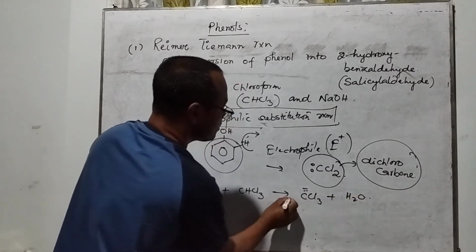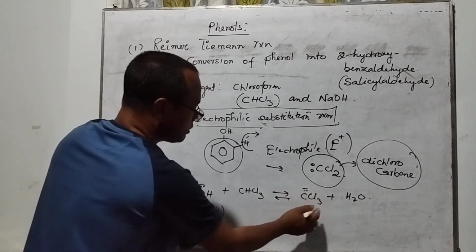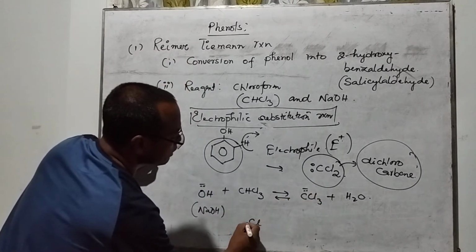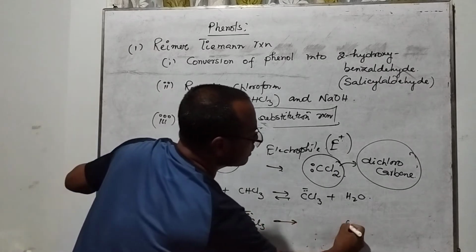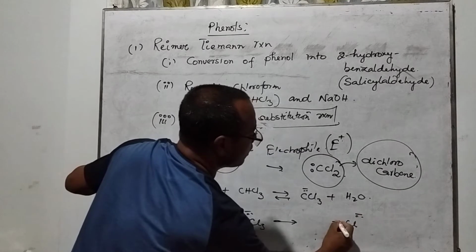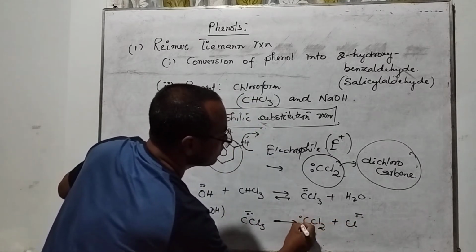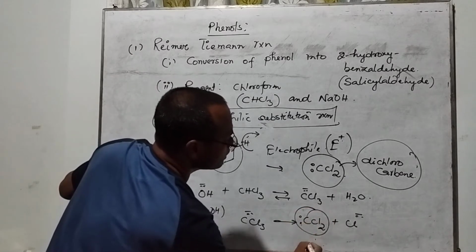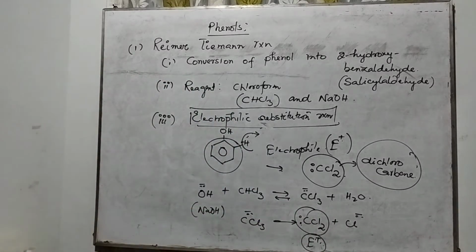This is a reversible reaction. From this CCl3 minus, with the negative charge, a Cl minus is given off, and we get CCl2 with 2 electron pairs remaining. This is the electrophile generated from these reactions, right?